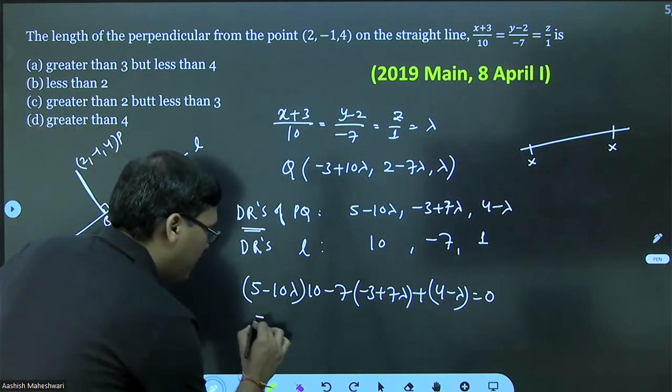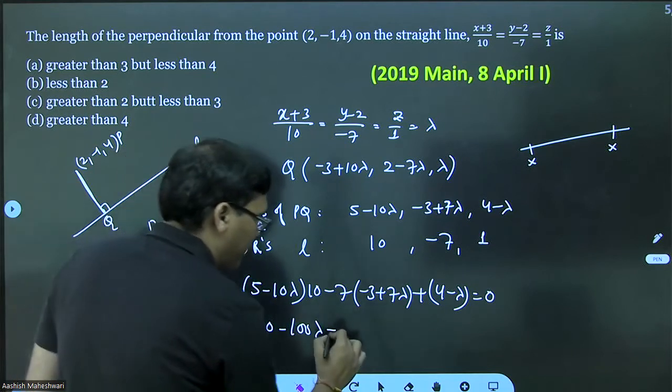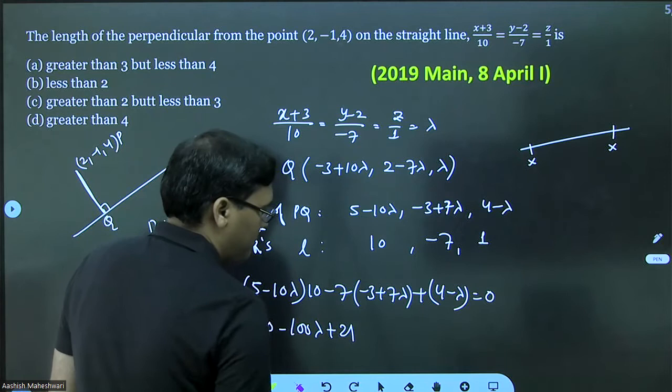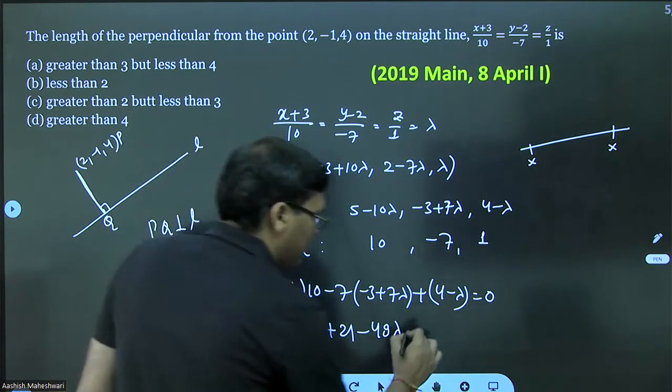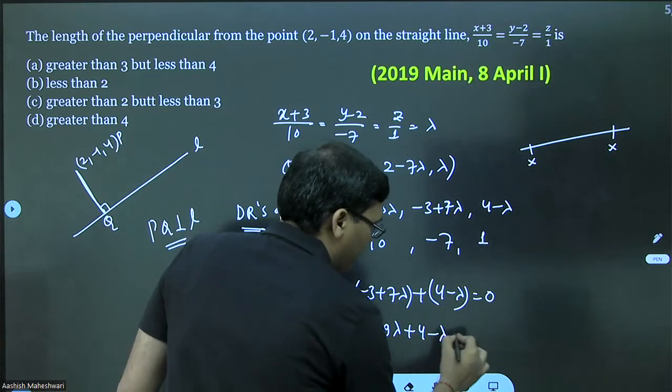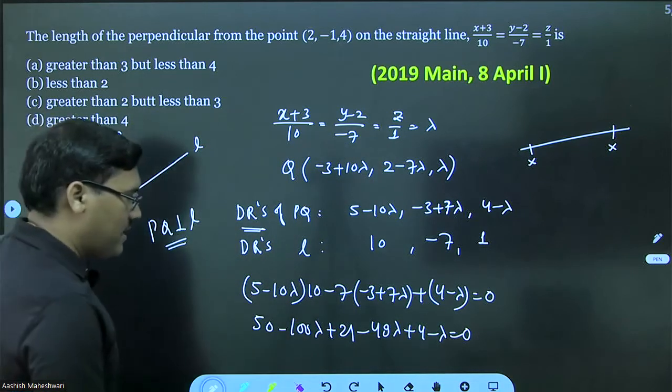So this is 50 minus 100 lambda. Now this is just a simple calculation. This is 21 minus 49 lambda, and this is plus 4 minus lambda equal to 0. And now you can check what is the value of lambda.